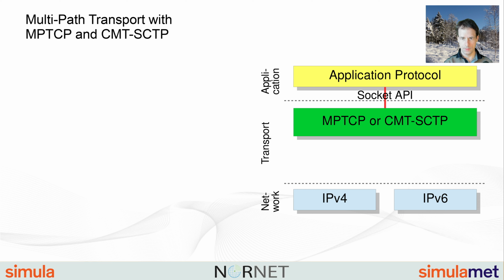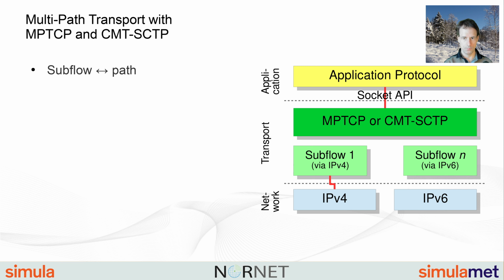So in this case, of course, MPTCP or CMT-SCTP can then establish subflows over IPv4 or IPv6. You can even mix IPv4 and IPv6 subflows for the same MPTCP or CMT-SCTP connection.